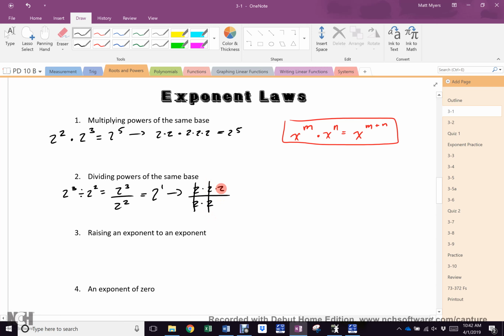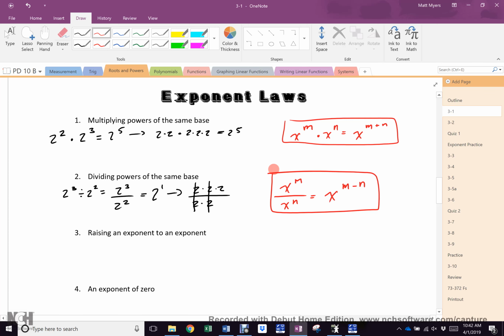And I'm left with 1, 2. Easy peasy, right? How do we write it out in good math language? X to the m over x to the n equals x to the m minus n. And we are all good, yes?